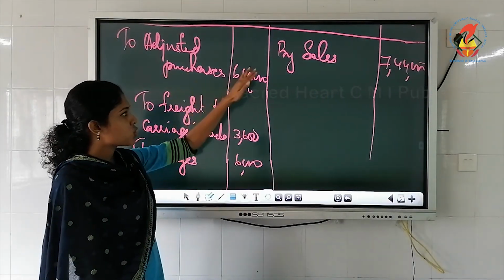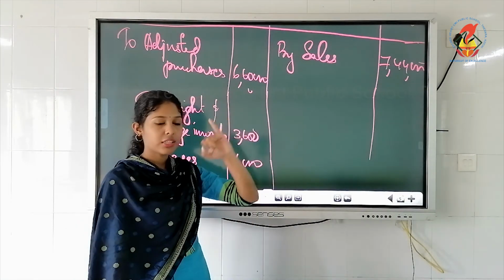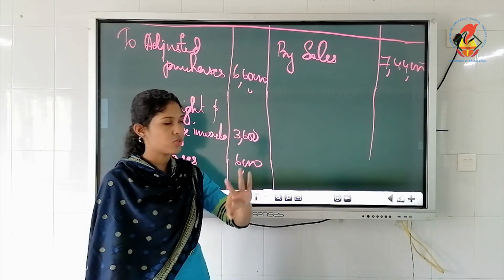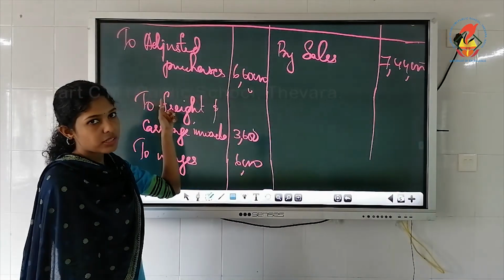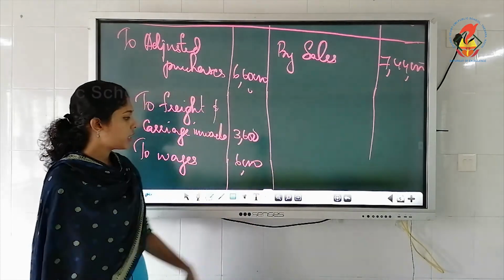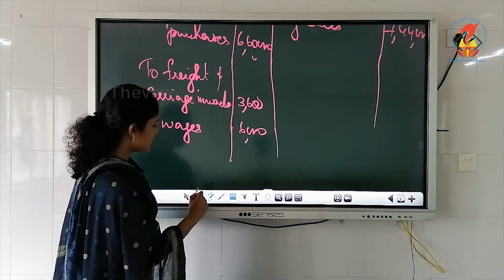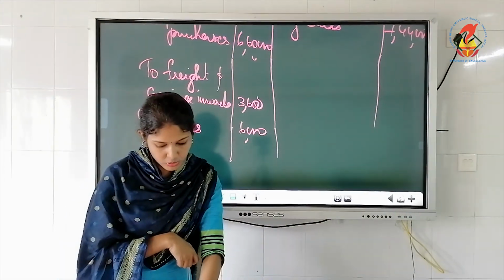So in adjusted purchases, we have already adjusted these three items: opening stock, closing stock, and purchases, giving the net purchase. So no need to write closing stock, opening stock, net purchases and all. Okay, so this is over now. You have to find the balance. It will result in gross profit here.